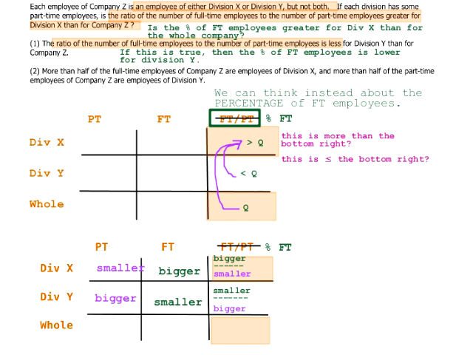So this division has a bigger percentage of full-time people, and this has a smaller percentage of full-time people. So if you think about how these are going to play out in a weighted average, this is going to have to be greater than the weighted average, or this is going to have to be less, because the weighted average consists of only those two things with their according weight.